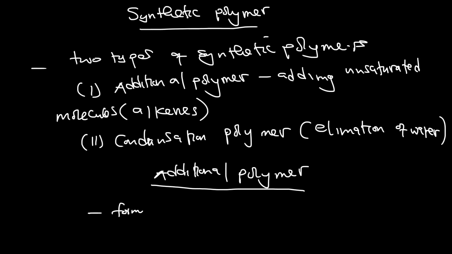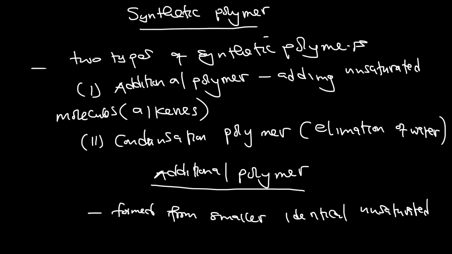So polymers formed from smaller identical unsaturated monomers, in this case, alkenes.